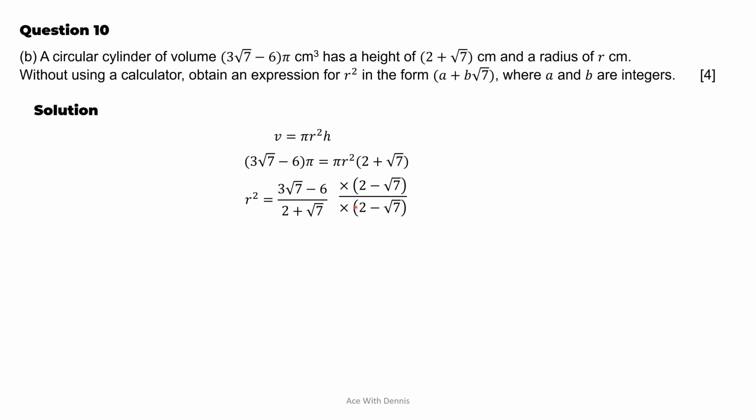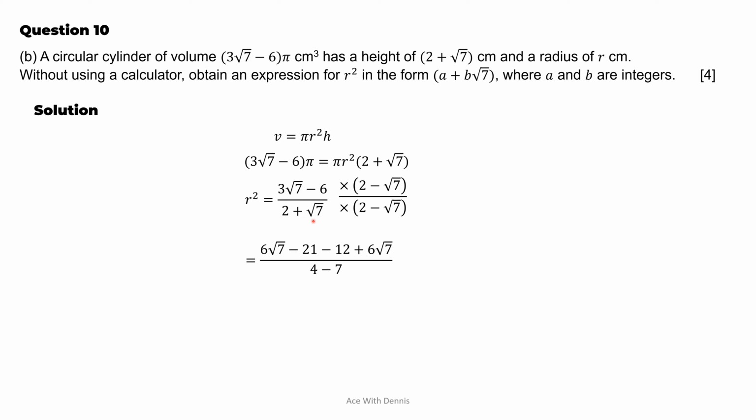We will have to rationalize this answer because we don't want to have a surd at the denominator. So for this case, we'll multiply (2 − √7) over (2 − √7), because here is 2 plus √7, so we have to times with 2 minus √7. Alright, so this is what we get: 6√7 − 21 − 12 + 6√7 over 4 − 7.